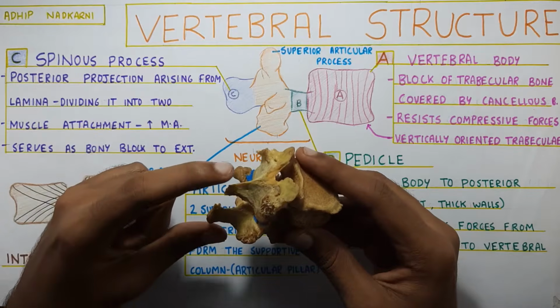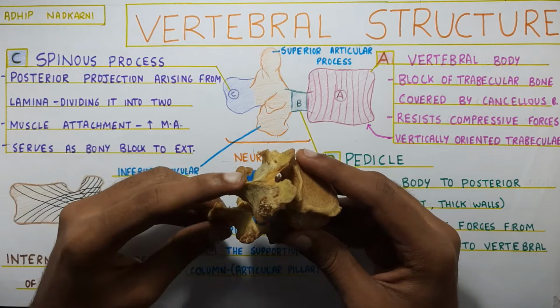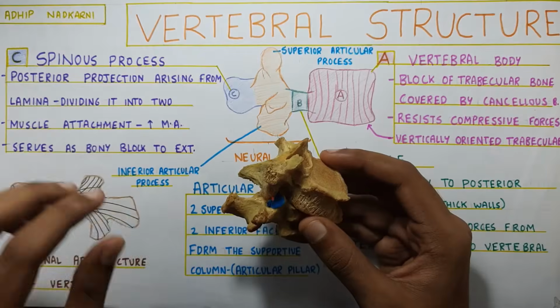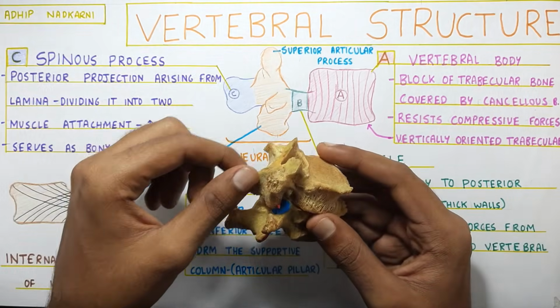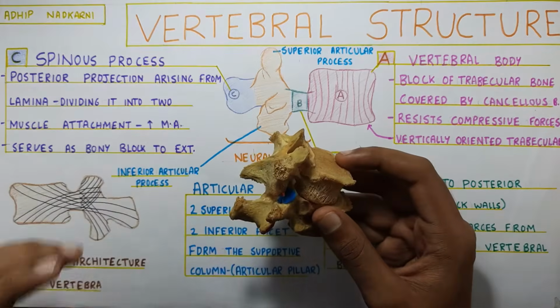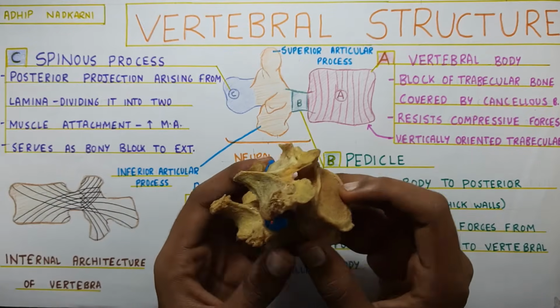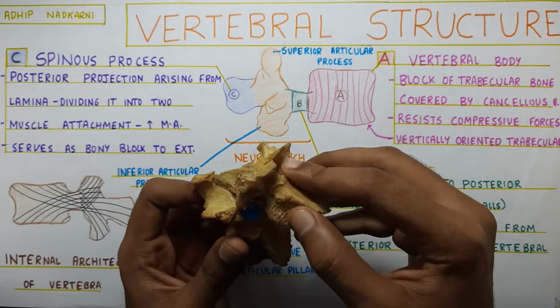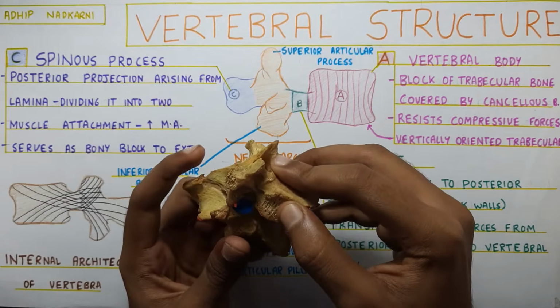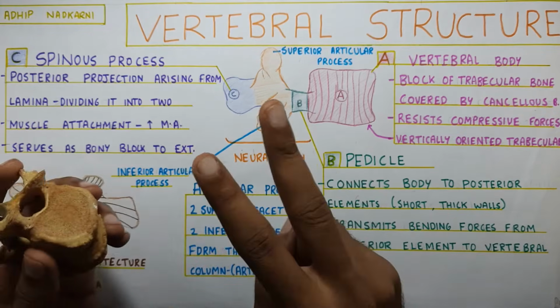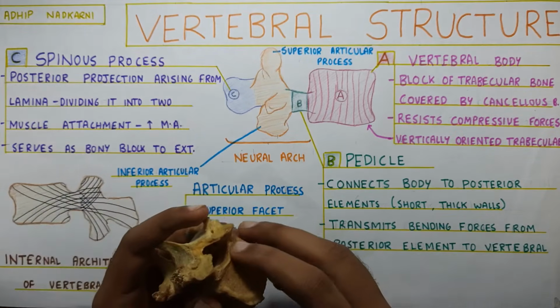But if you pull the vertebra through the spinous process, there is a higher moment arm available. So this is how your spinous process increases the moment arm and the efficiency at the spine. It also serves as a bony block. When you are going into extension, this bony block will prevent excessive movement at the spine. So these are the two functions of the spinous process.